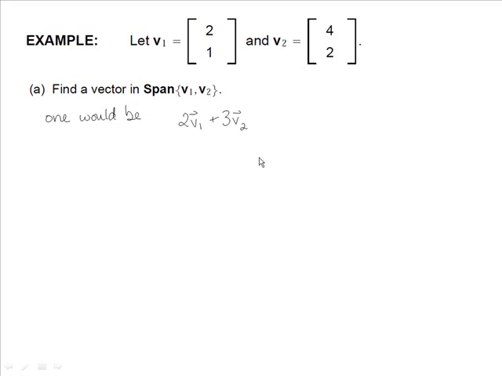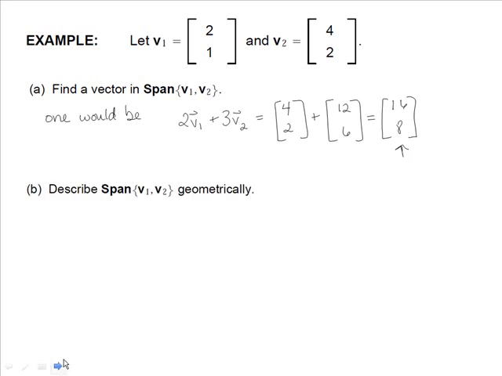There are going to be multiple answers to this, but this is just one example. If I multiply v1 by 2, I'll have 4, 2. If I multiply v2 by 3, I'll have 12, 6. And when I add those two together, I'll get the vector 16, 8. So this is just one example of a vector that is in the span of those two.